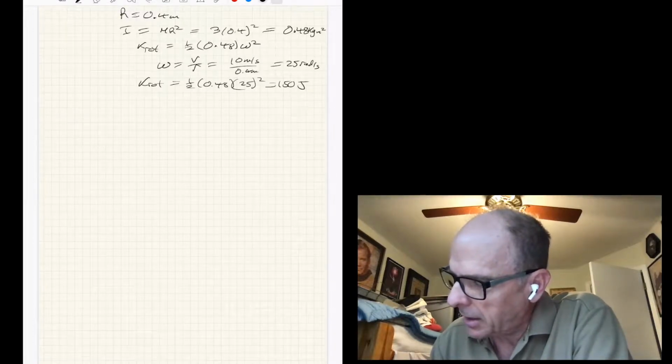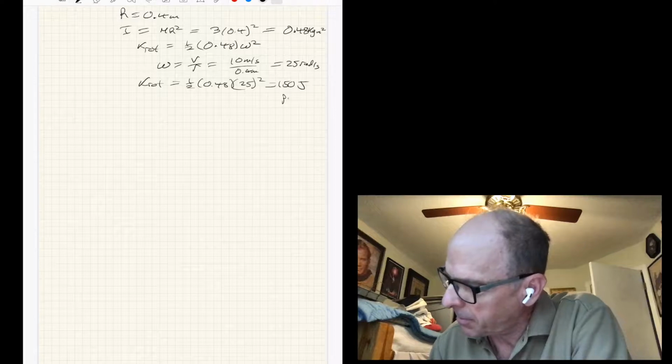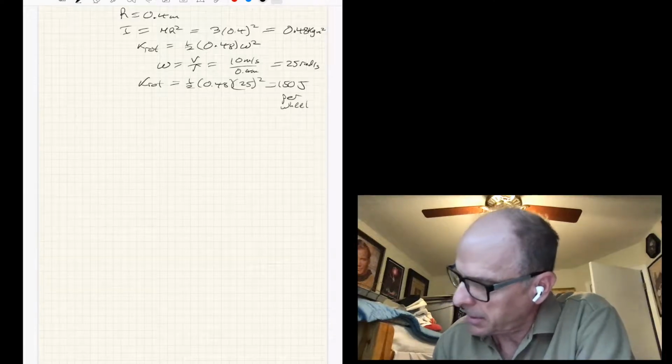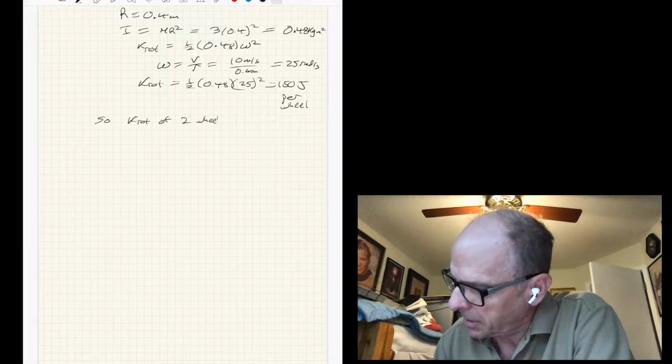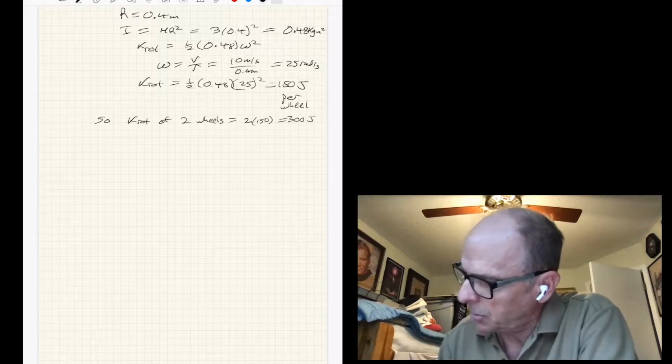So that's per wheel. So the rotational kinetic energy of the two wheels is 2 times 150, or 300 joules.